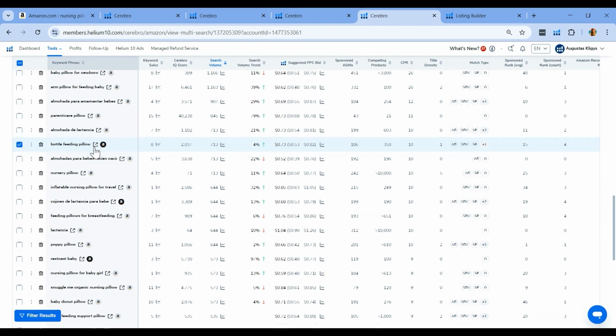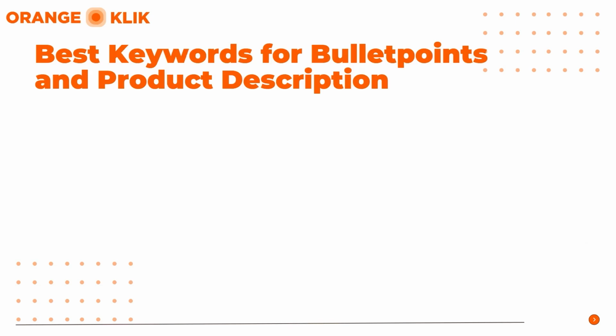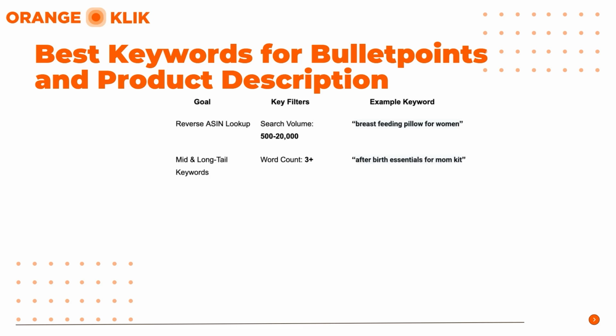Once you've gathered your keyword list, here's the summary of winning keywords for Helium 10's Cerebro best keyword research strategies. For reverse ASIN lookup, we found breastfeeding pillow for women. For mid and long tail keywords, we found afterbirth essentials for mom kit.